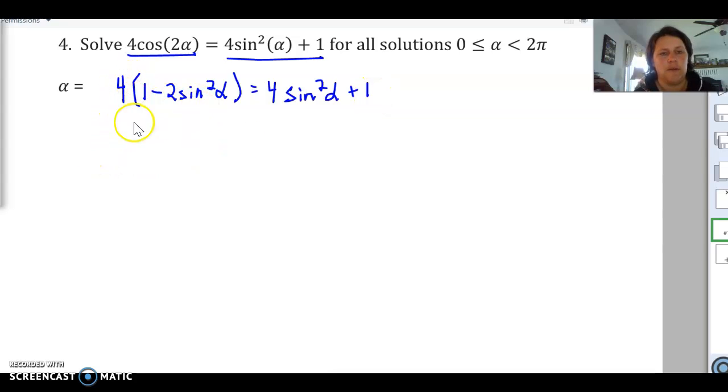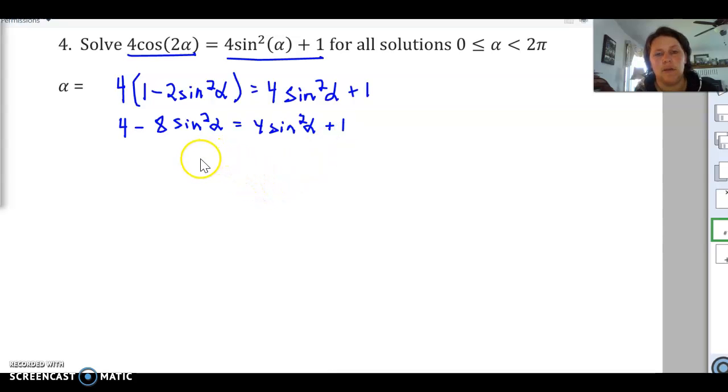Now I want to get rid of the parentheses on the left-hand side, so we're going to multiply that 4 through. So I'll have 4 minus 8 sine squared alpha equals 4 sine squared alpha plus 1.